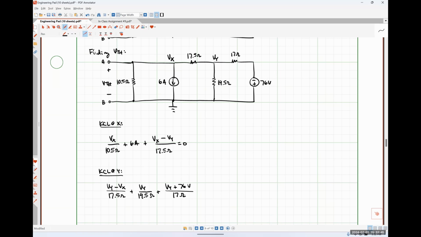So it would be Vy minus, and then because we see the negative polarity, minus negative 76 looks like plus 76, equal to 0. Solve this system for Vx and Vy, which I'll leave up to you. And hopefully we can see that Vx is the same thing as the Thevenin voltage.